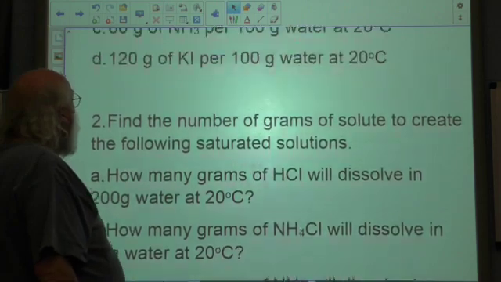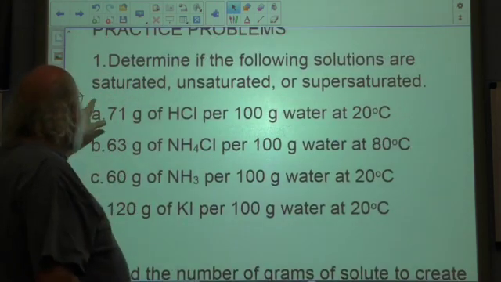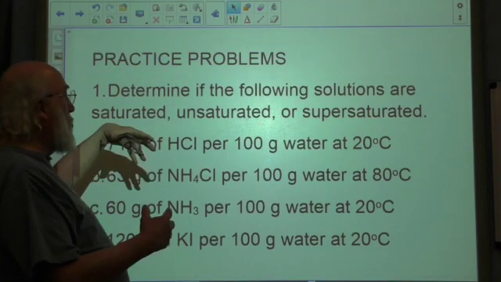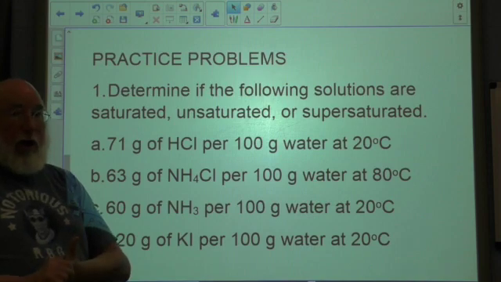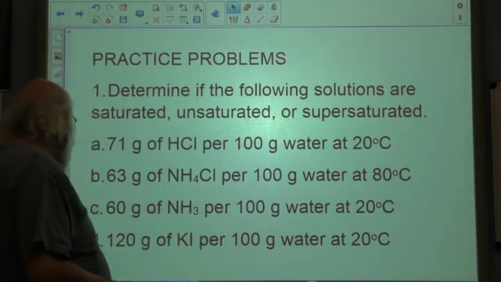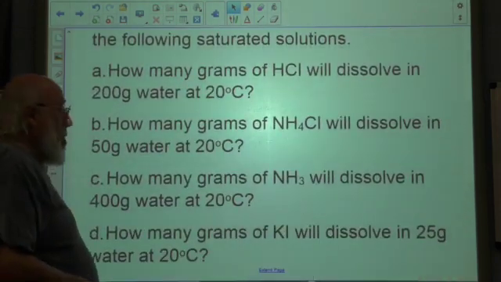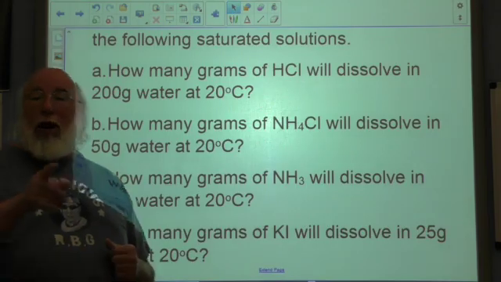So, then we have 4. The first 4 ask you for determining if it's saturated or not. I forgot I did that. So there's actually 8 problems for all practical purposes, but they're real simple problems. Okay, it won't take you that much time at all. So, you should be ready to go on that. So have fun.